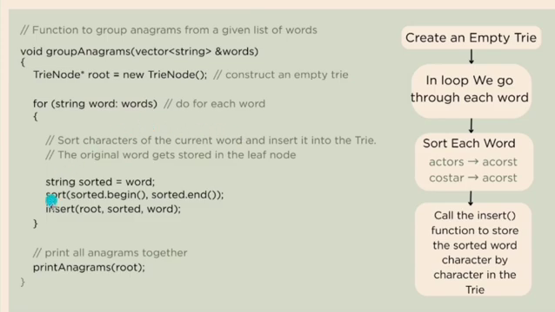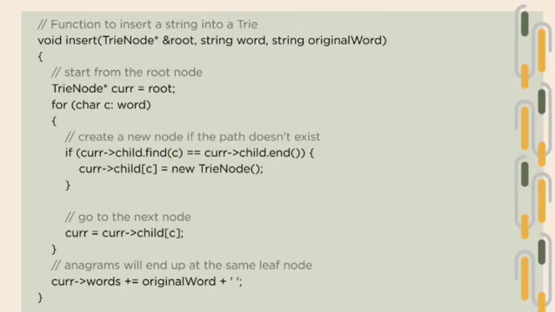Then it calls the insert function to store the sorted word into the tree character by character, while keeping the original word at the same leaf node. After insertion, we call the print anagram function, which prints all words that are anagrams together. Using a tree this way makes it efficient to group and retrieve anagrams from the list.